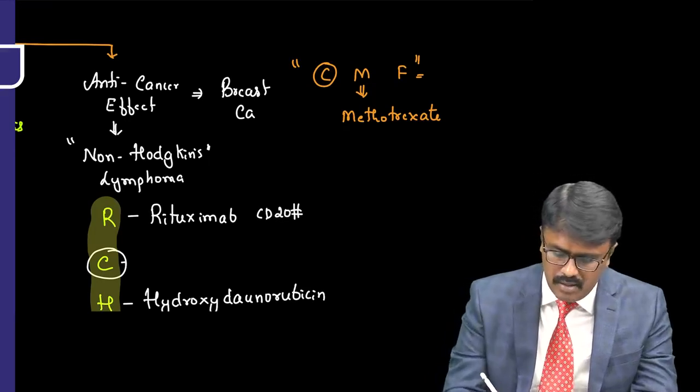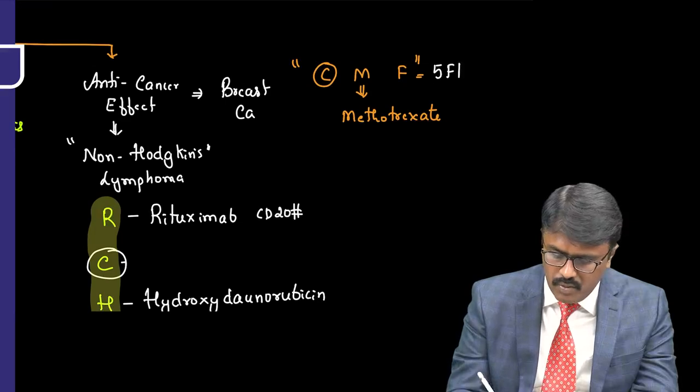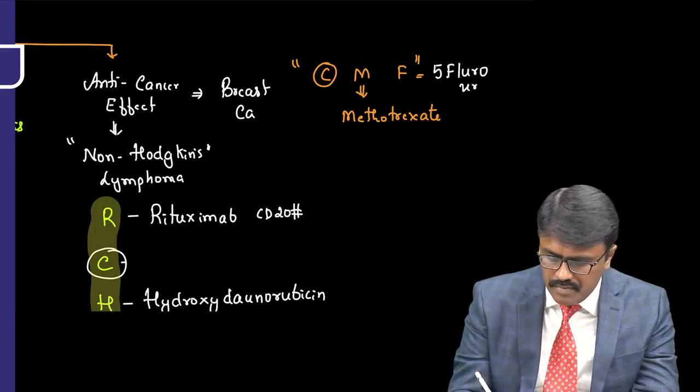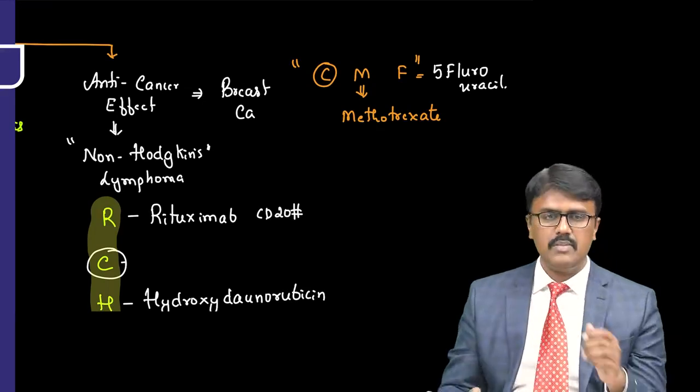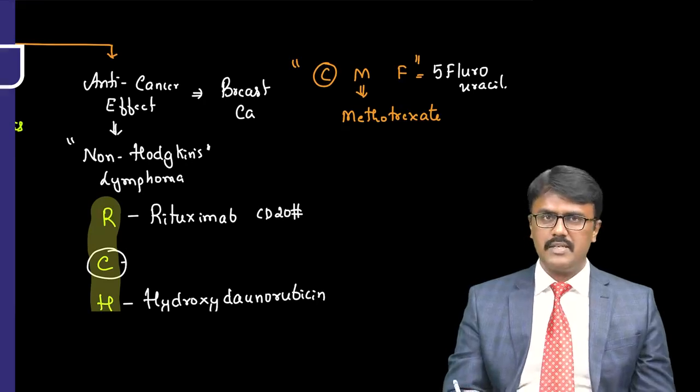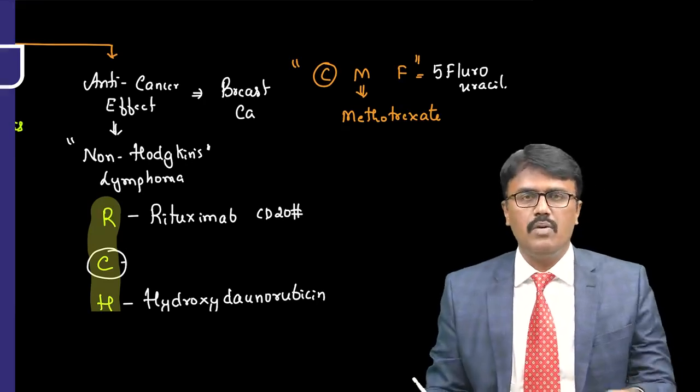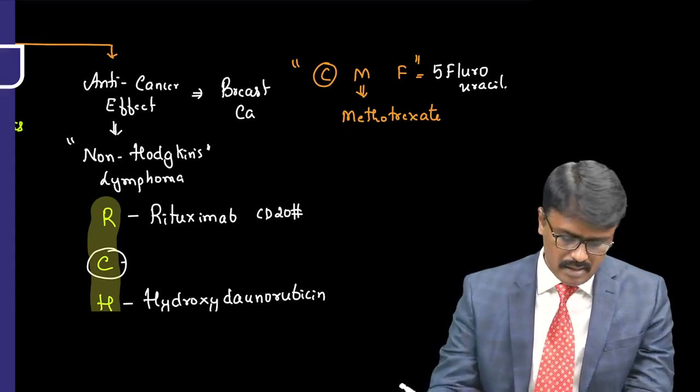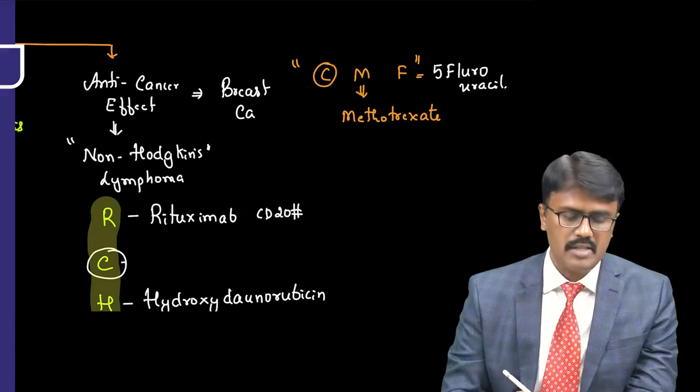So these are the regimens we use with cyclophosphamide in the treatment of breast cancer. Okay, so once we know about cyclophosphamide, let us understand a drug which sounds similar, called ifosfamide.